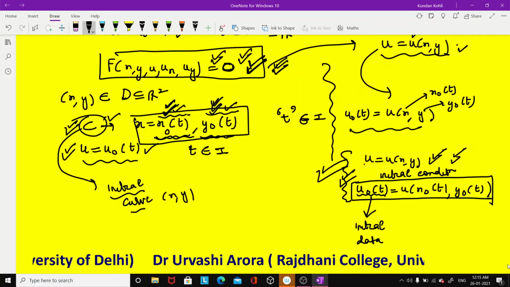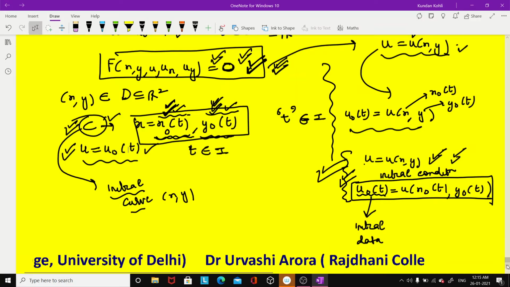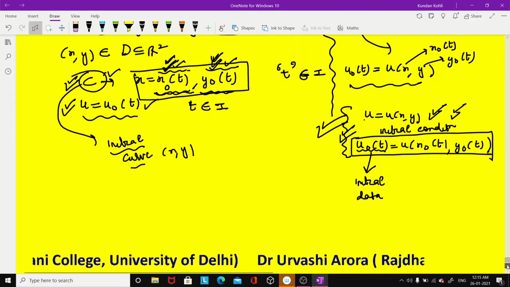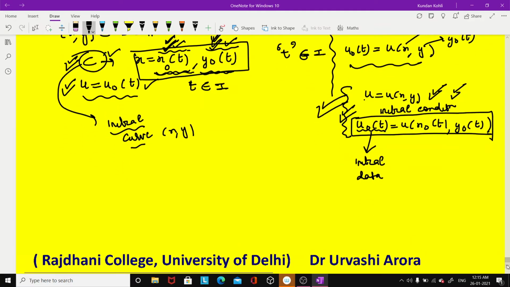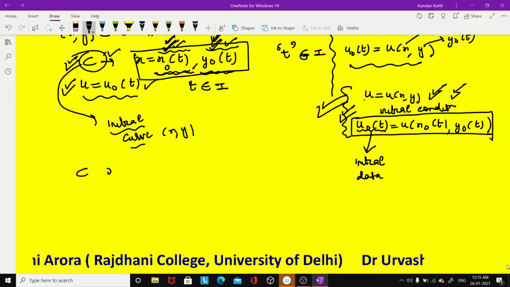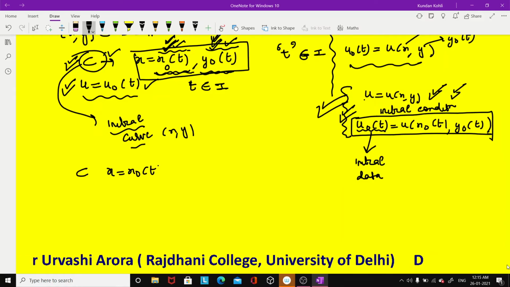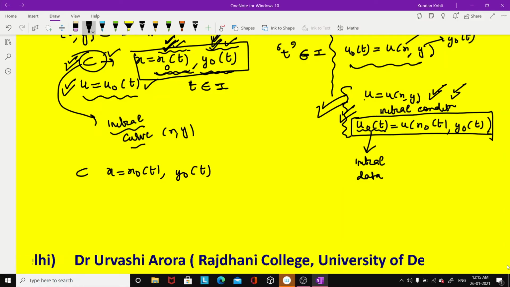Now, one thing which has to be noted over here, that is actually the Cauchy problem, but one thing which can be noted is that the curve C, whose equation was x is equal to x naught t, y is equal to y naught t, is a curve in the xy plane.